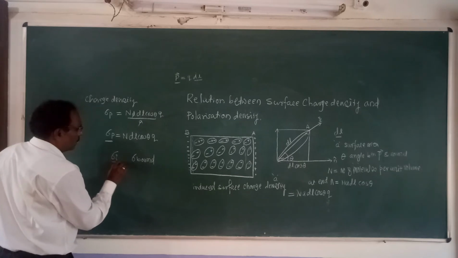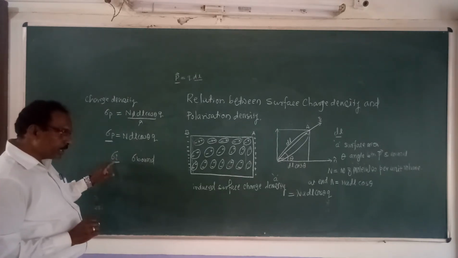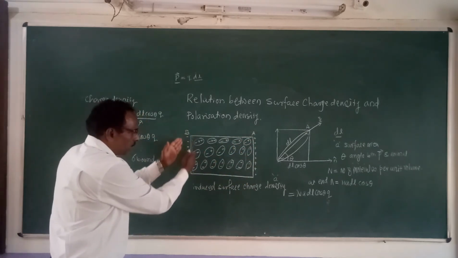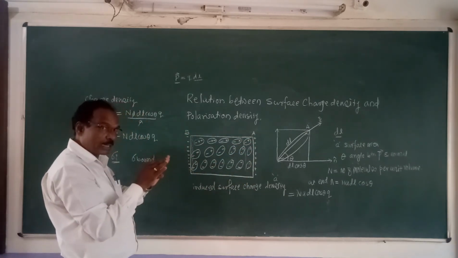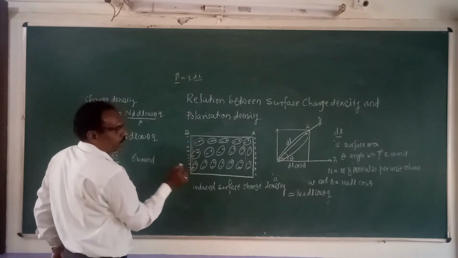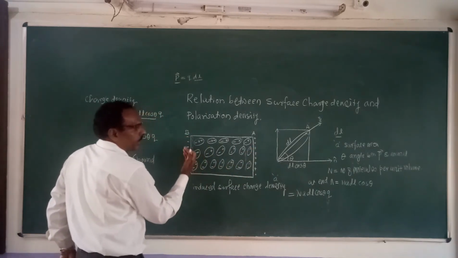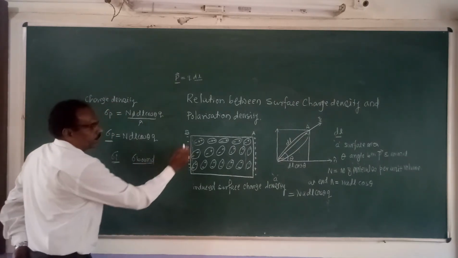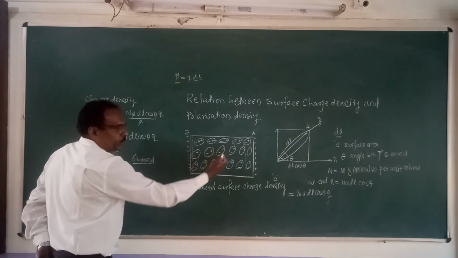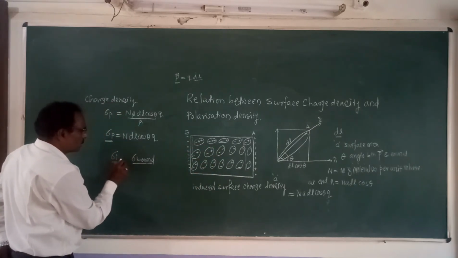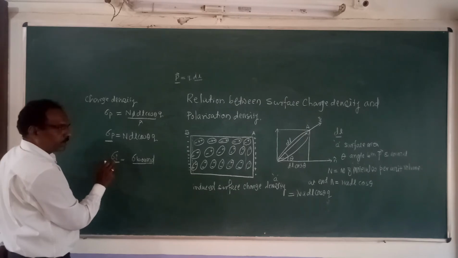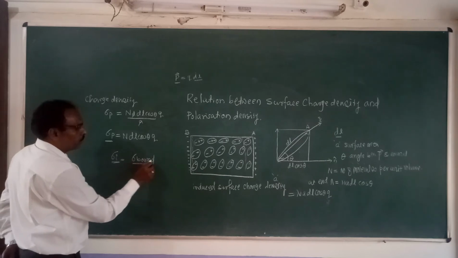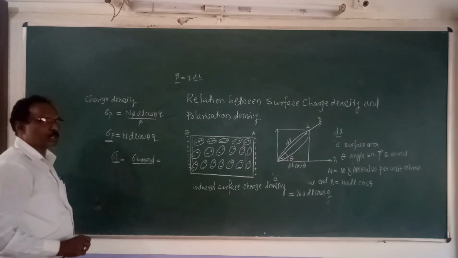These are the charges within a molecular thickness of the surface, not exactly on the surface, at ends A and B. Inside there are no charges, they get neutralized. So this surface charge density can be indicated as sigma I, induced or due to bound charges.